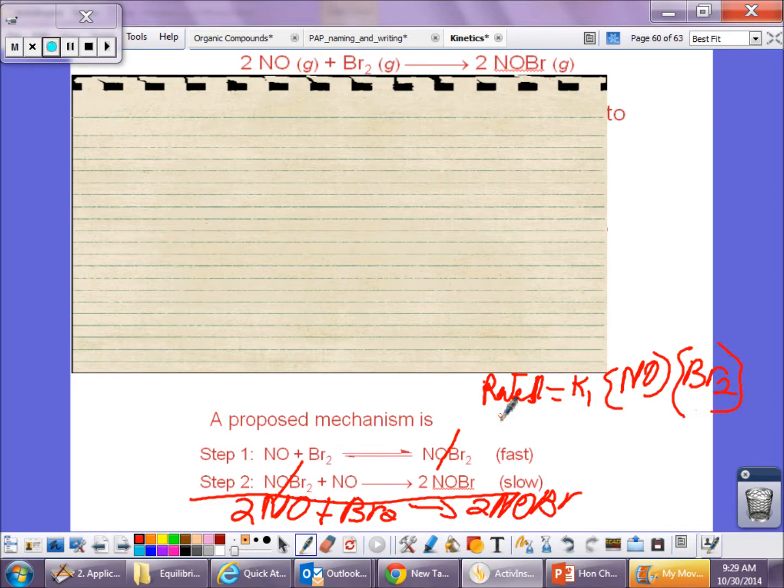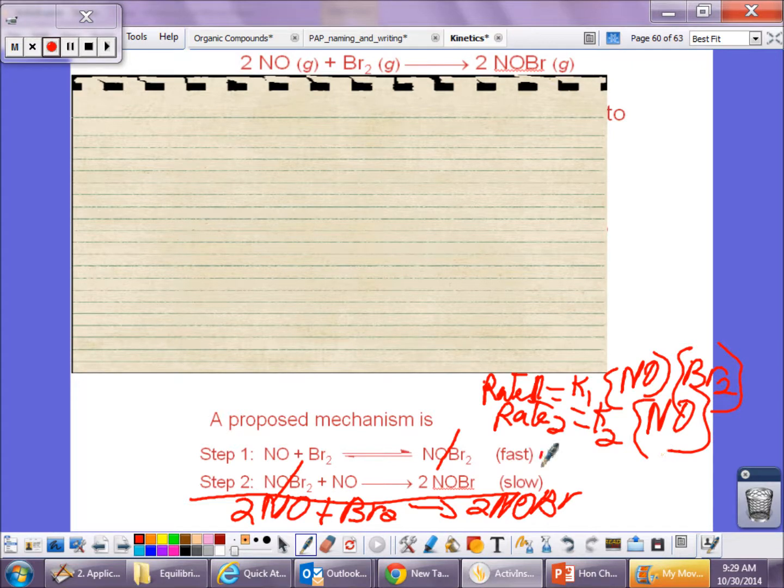This is the first one. For the second step, I write down rate 2 equals K2 times the concentration of the reactant from the second step. But remember, I cross out that intermediate. It's gone. So I write down NO. And I add up the rates. I add up both rates to give me the overall rate of the reaction.